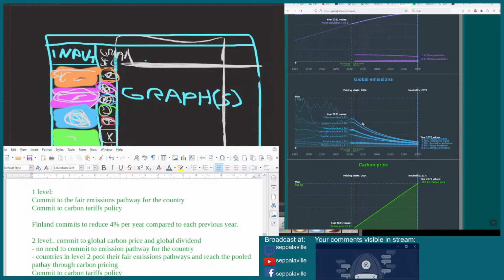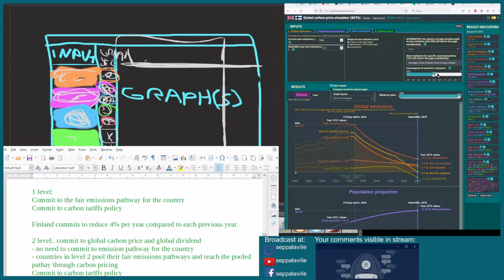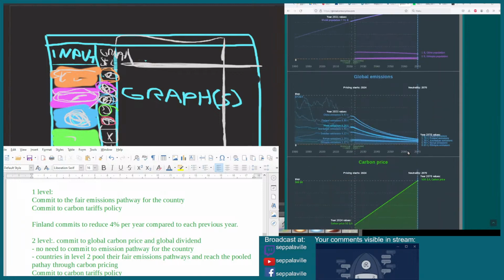The way the calculation goes, it first calculates the endpoints here. These are determined by the fairness formula and given by the convergence factor and the targets, like the global targets.